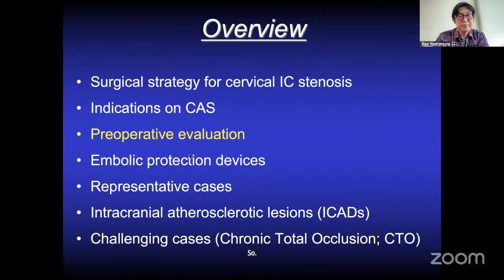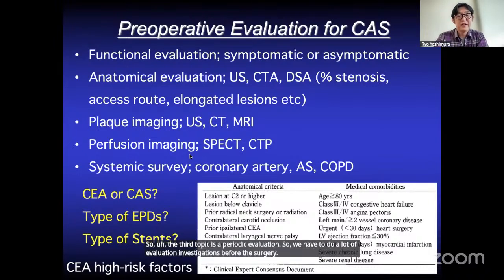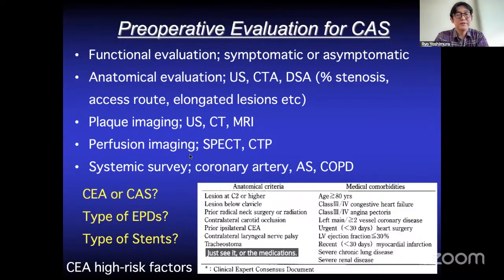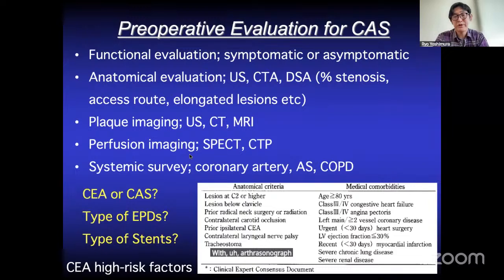The third topic is preoperative evaluations. We have to do a lot of investigations before the surgery, such as CEA or the medications. The first point is functional evaluation, symptomatic or asymptomatic. The second point is anatomical evaluation with ultrasonography, CT angiography or DSA.